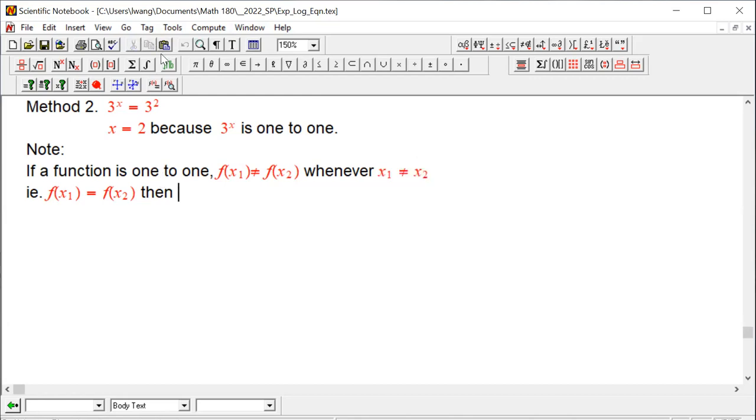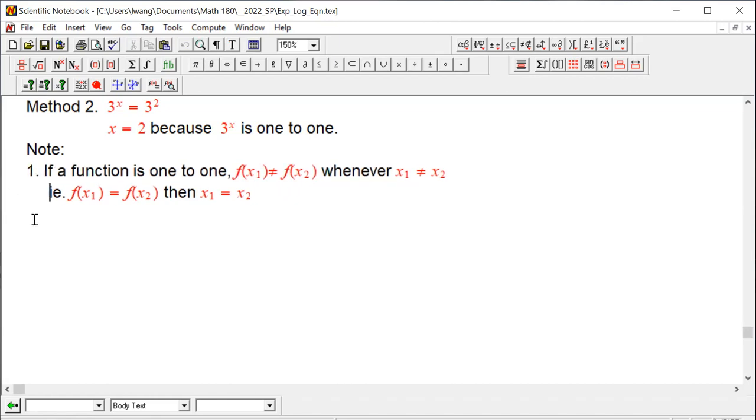Because it's 1-to-1, they must be the same. So the output is the same, therefore the inputs are the same. This is note number 1.